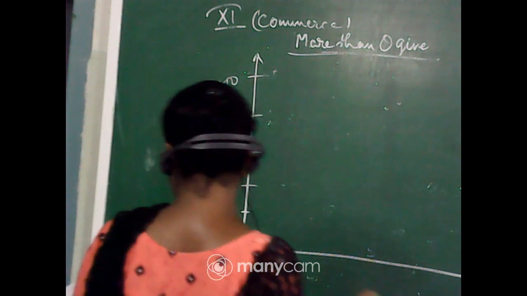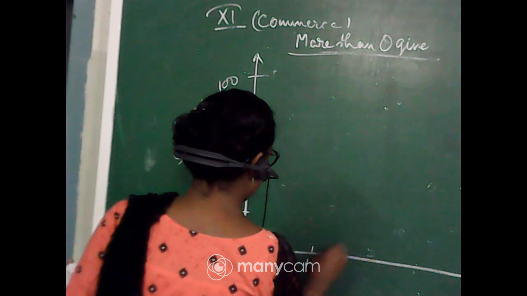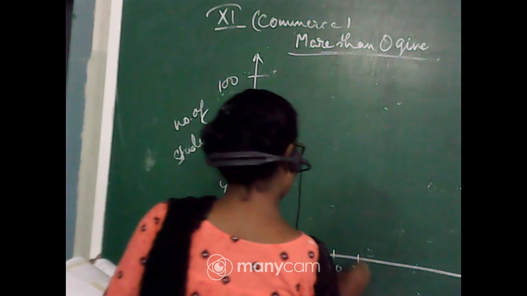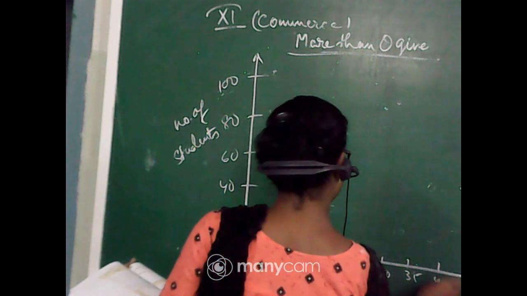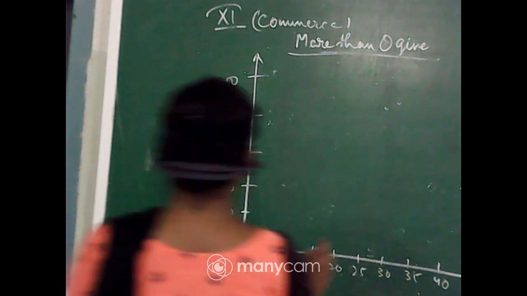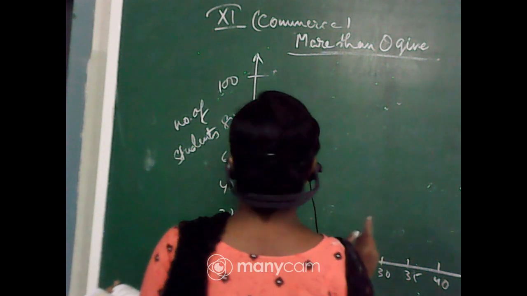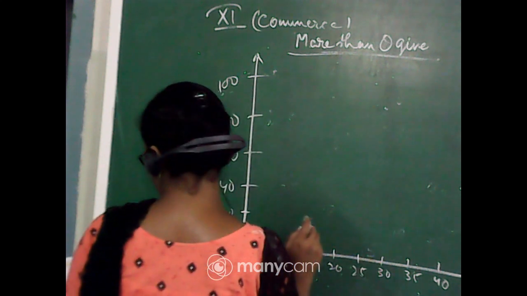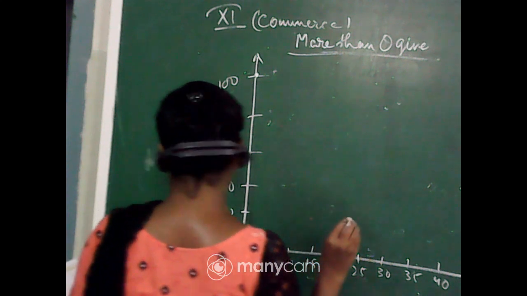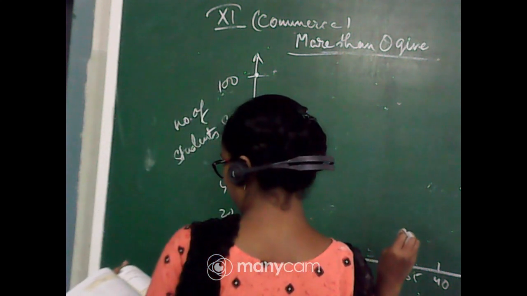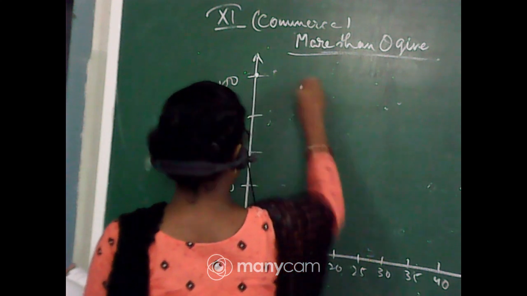Next here 5, 10, 15, 20, 25, 30, 35 and 40. So from 0 to 5 or more than 0 we have the cumulative frequency 100. So we start from here 100. Next one 96, just below this.